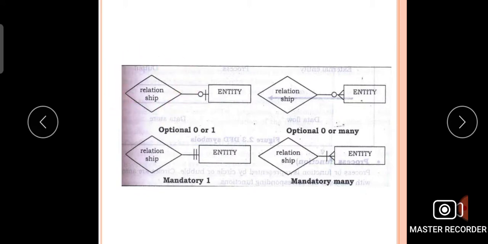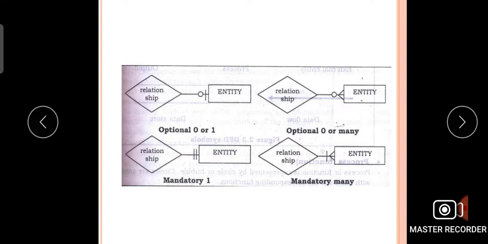For the optional 0 or 1, we have to use this type of symbol for the entity. Here is an entity and a relationship with optional 0 or 1 modality, and here is an entity and relationship with optional 0 or many modality.